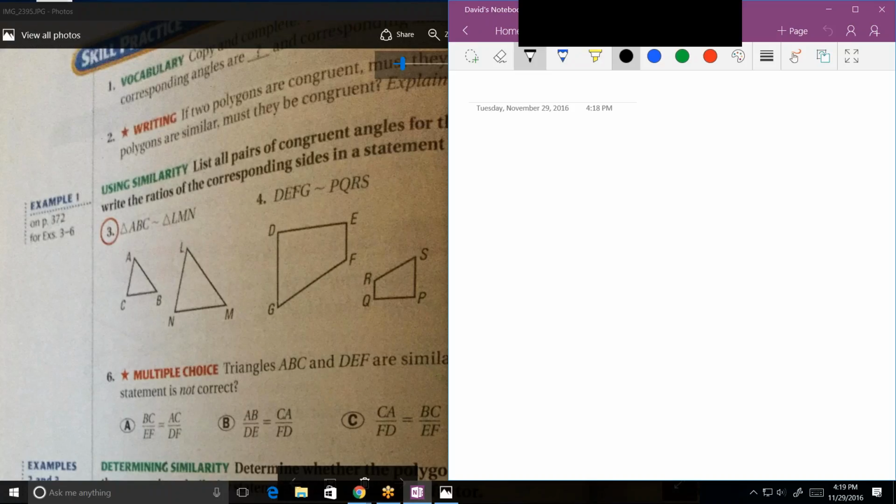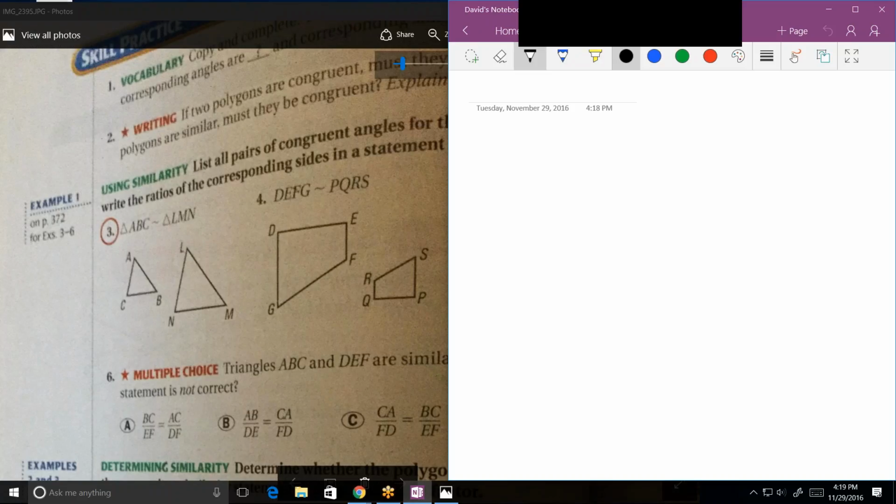In other words, immediately when I look at this, I see 2 right angles. There's 2 right angles down here. So the immediate problem is to figure out whether D is congruent to P or is D congruent to Q. And you can always tell by the way it's labeled. In other words, D has to be congruent to P based on this. And then E goes with Q.